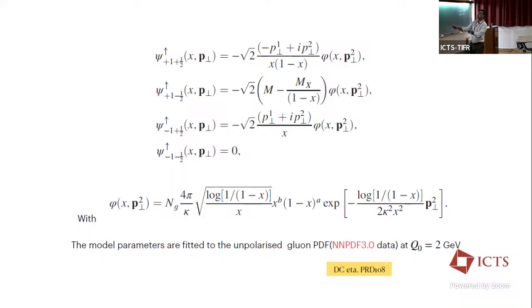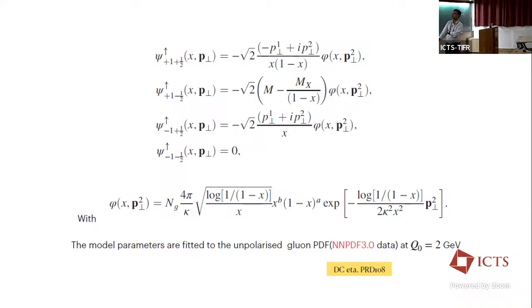So this phi that is sitting here is written like this. If you just put B and A to 0, then this actually goes to the AdS/QCD two-particle wave function prediction.